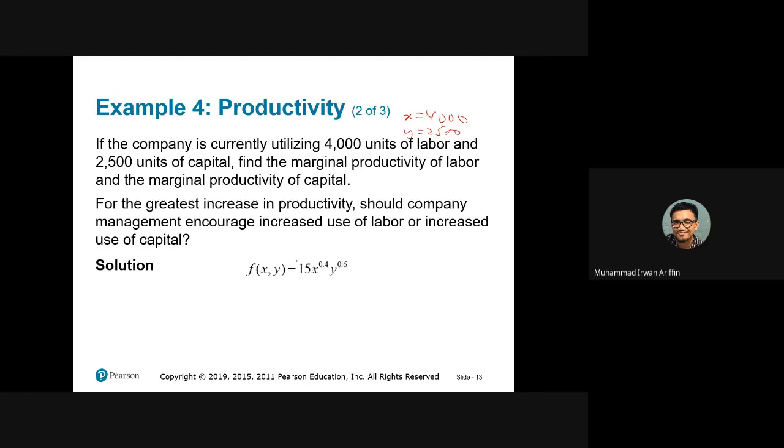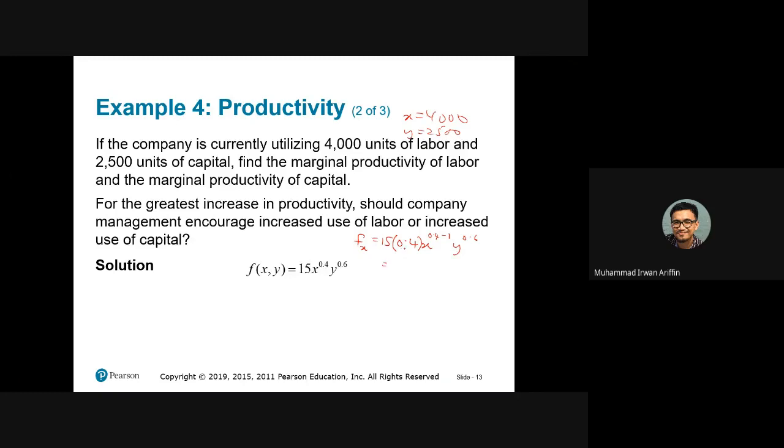So this is the original production function. How do we find the marginal productivity of labor? We need to find f sub x. So this equals, we have 15 multiplied with, differentiate the function with respect to x only. So we have 0.4 multiplied with x to the power of 0.4 minus 1, which would be minus 0.6, and then multiply with y to the power of 0.6, because we are treating y as a constant, so leave it as it is.